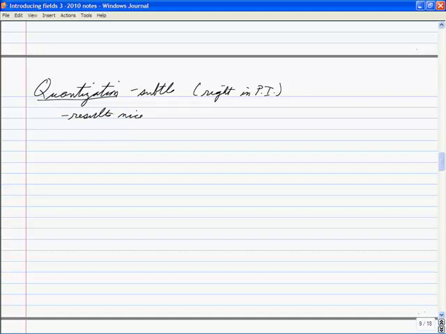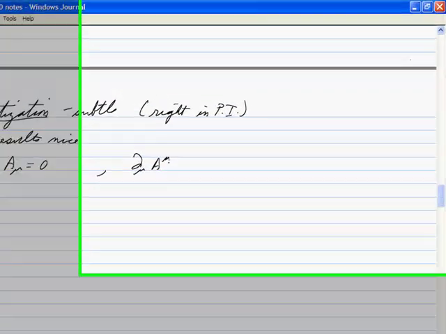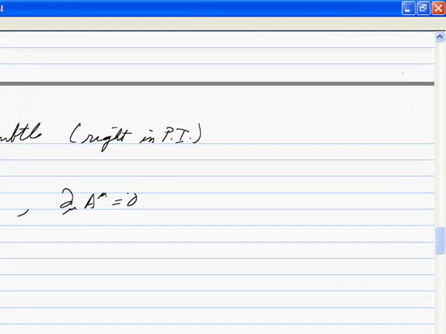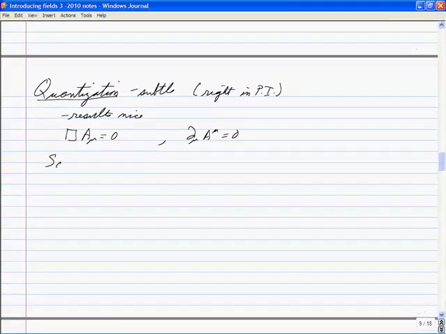Okay. So here's how you quantize. We're basically trying to solve box A mu is equal to 0 with the condition that we're in Lorentz gauge. The solutions are easy.